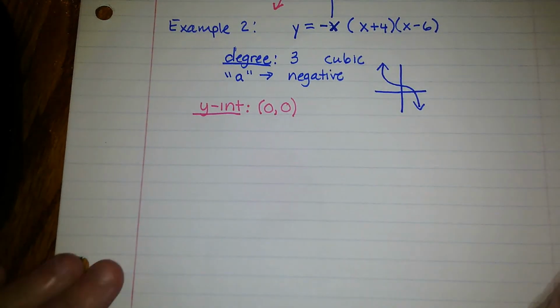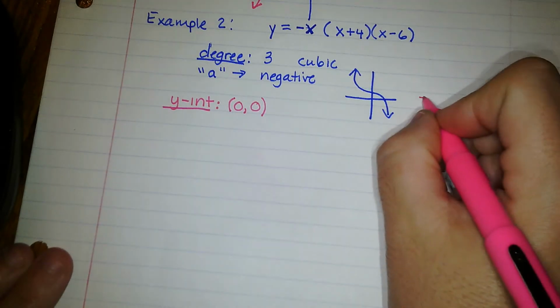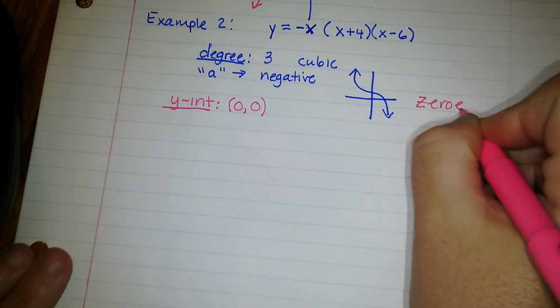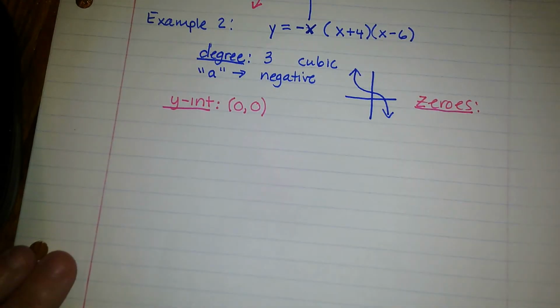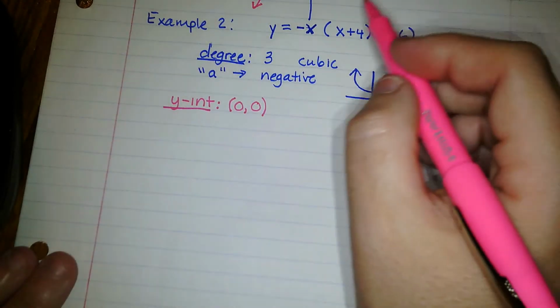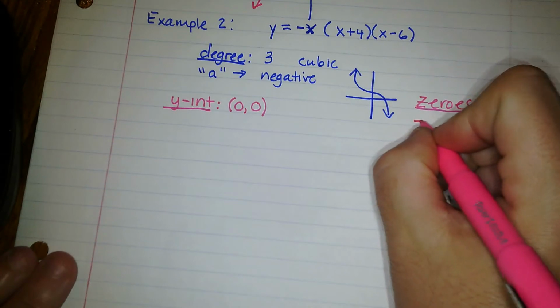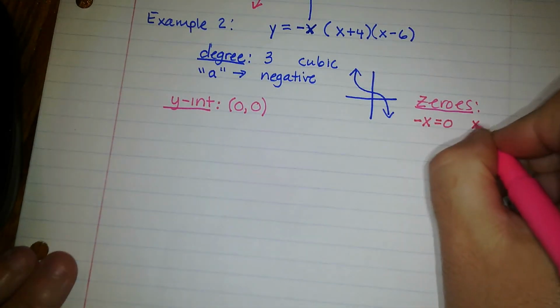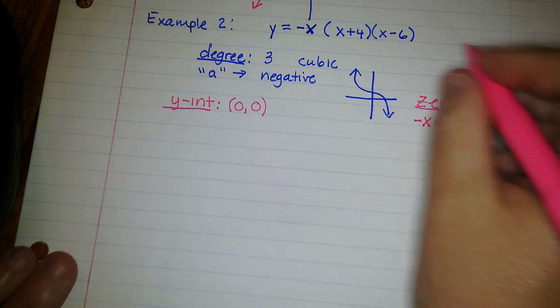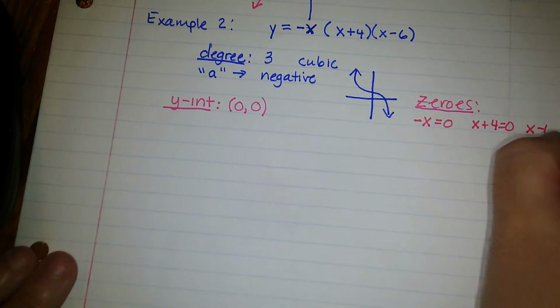And then, of course, our last is our zeros. Finding our zeros is pretty easy once we're factored. We're going to take each piece. So I've got negative x equals 0. I've got x plus 4 equals 0. And I have x minus 6 equals 0.